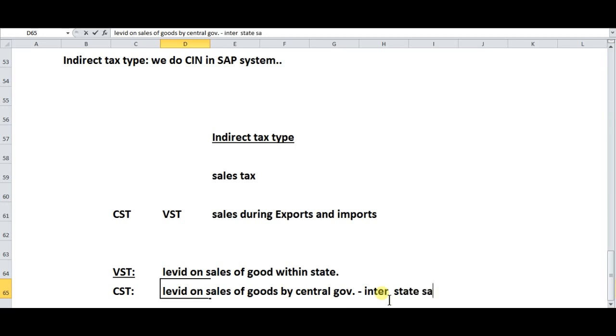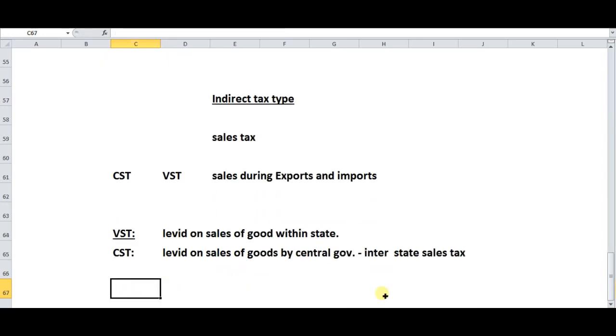Interstate sales tax. For example, a product manufactured in Chennai and a customer purchased in Mumbai.